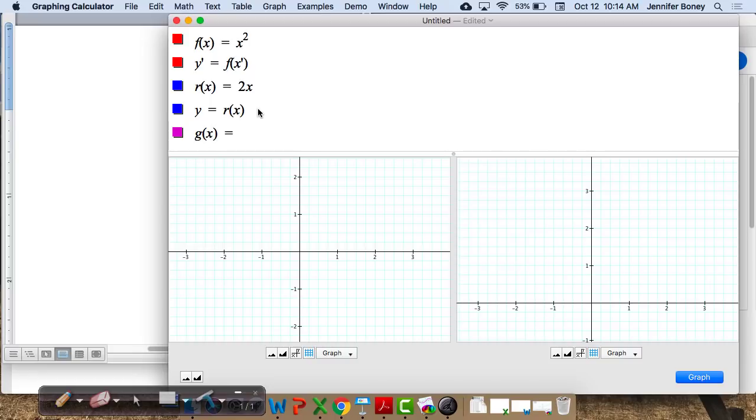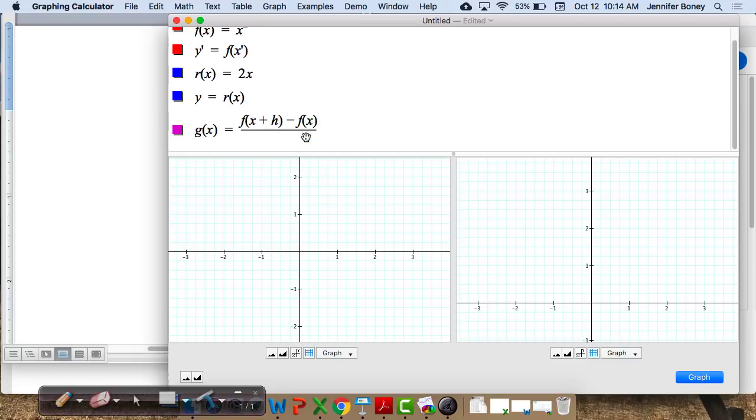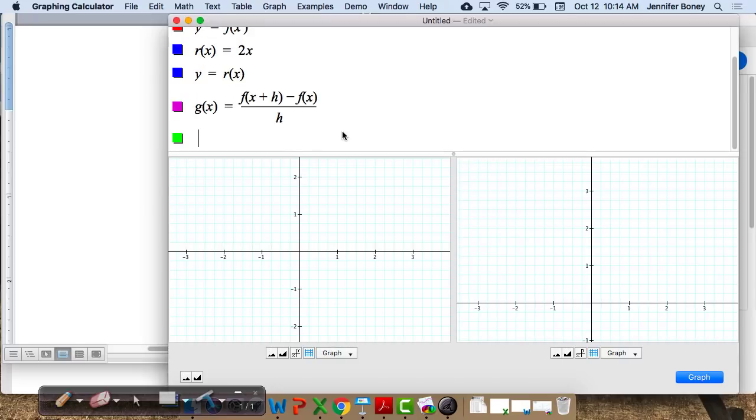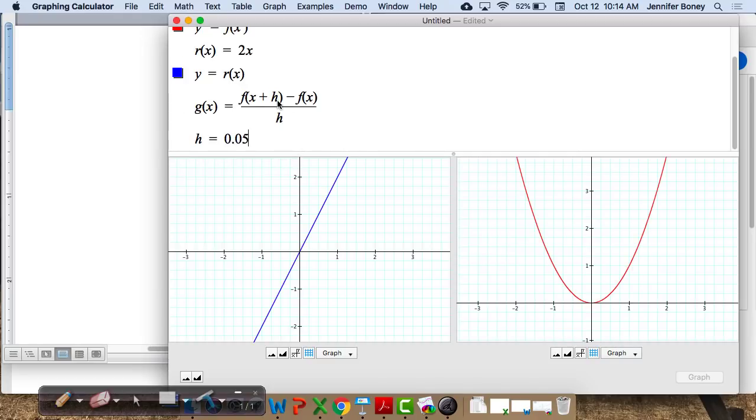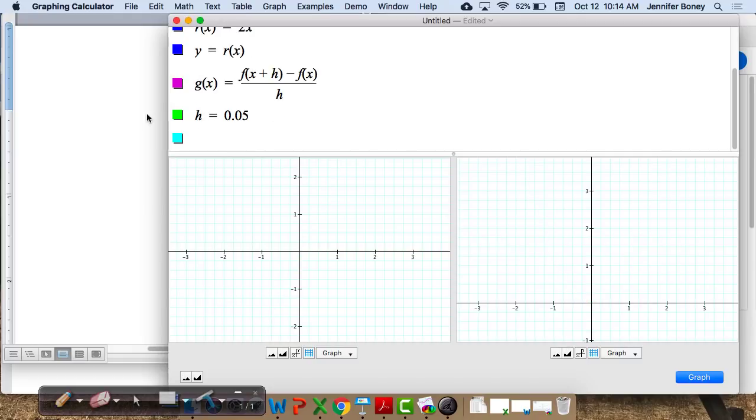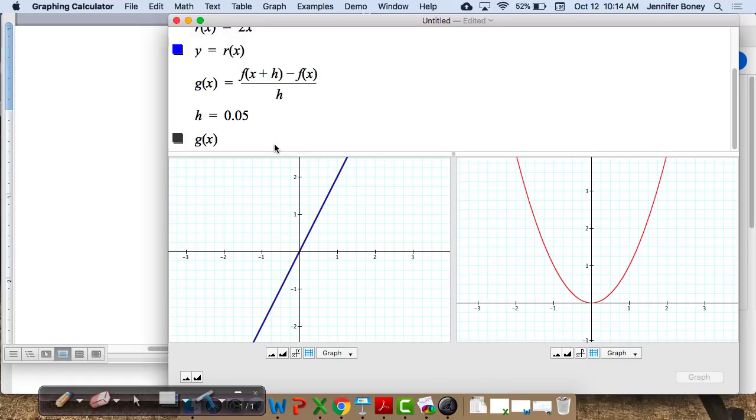G of x equals f of x plus h minus f of x all over h, as long as I define what h is, because h so far according to GC is probably some number like 1. Let me give h a small value. H equals 0.05. If I ask this to graph in something that isn't that color, g of x, you can see it's right on top of this blue function.